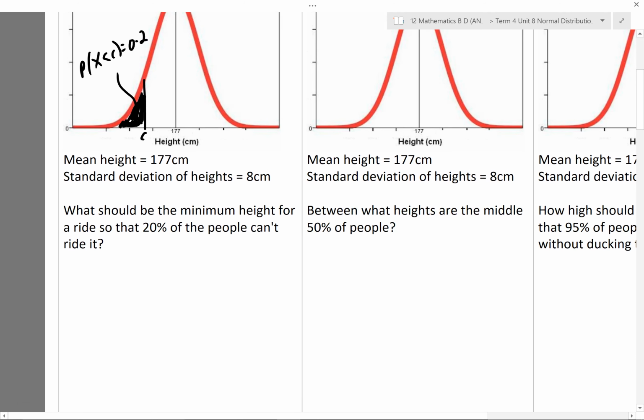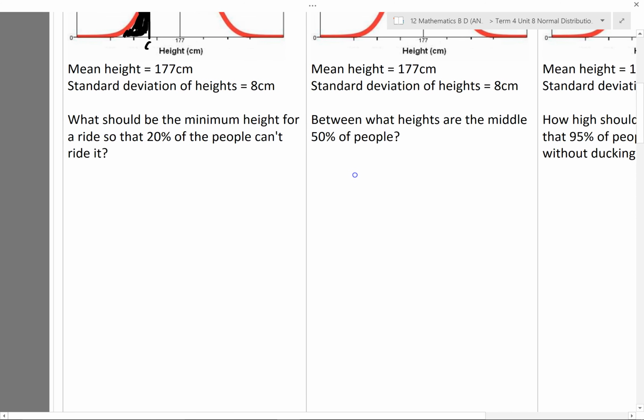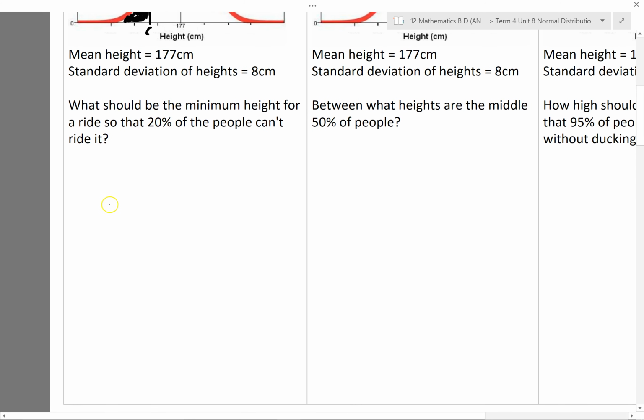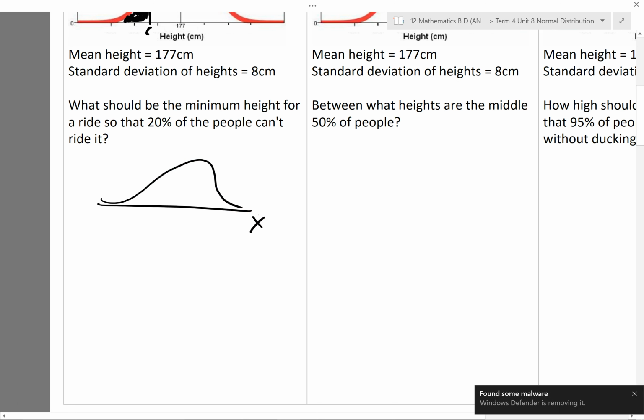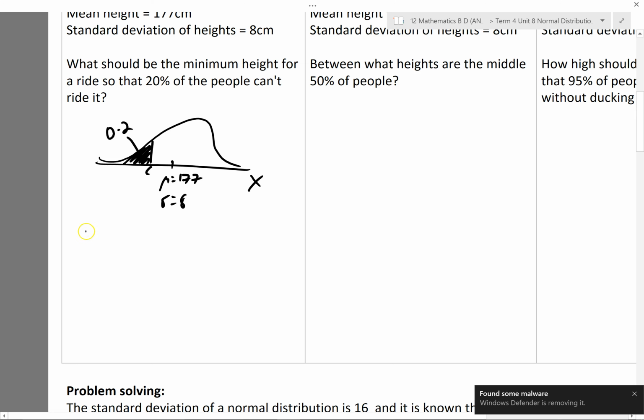In exams you won't necessarily have that diagram to refer to, so you'll draw your own diagram, showing the random variable X, mark your mean of 177 and your standard deviation, some value C, and mark that this area is 0.2. We're trying to solve the probability that X is less than C is 0.2.